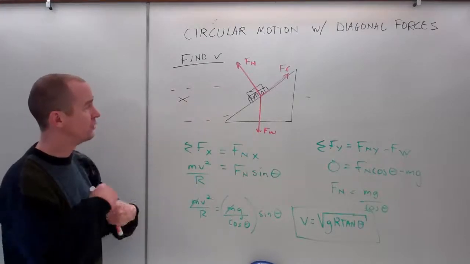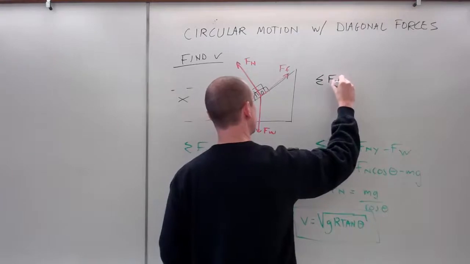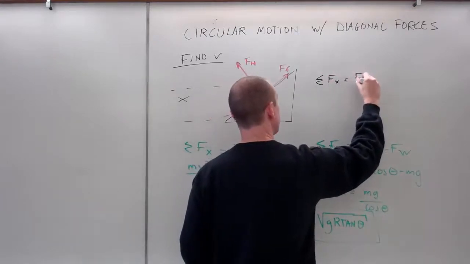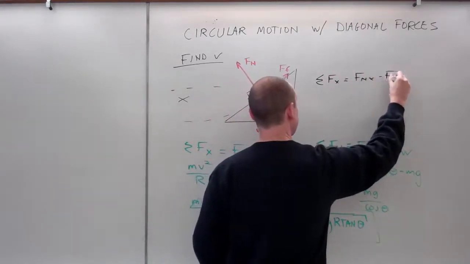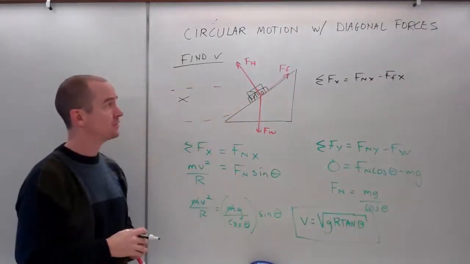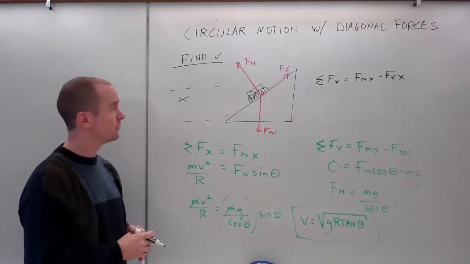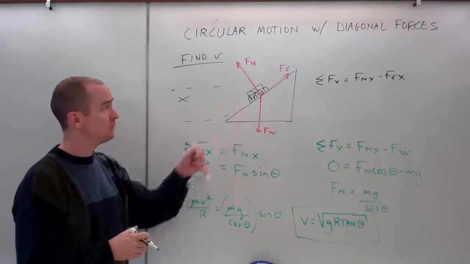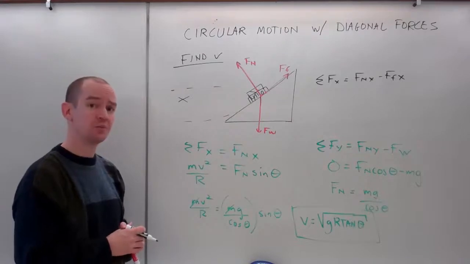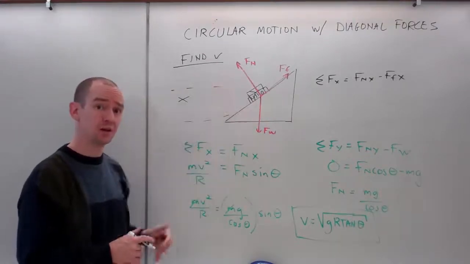My sum of the forces equation then would be Fnx minus force of friction in the x. Clearly I need to do some trig in order to finish solving this, but this would get me a good start towards the solution of the problem. Of course, my sum of the forces in the y would also be slightly more complicated.